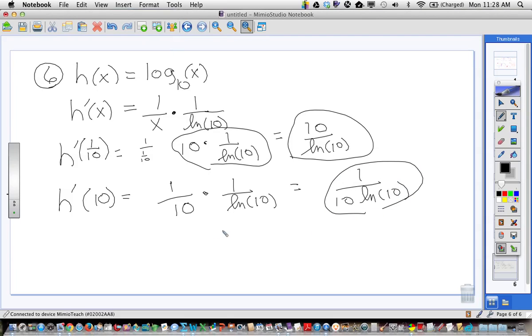Right? Either way there, I'm fine. So it's really nothing more than doing the rule and then plugging in those values. Because h prime of 10 means find h prime of x and then plug a 10 in. Okay, right here, right there. Okay?